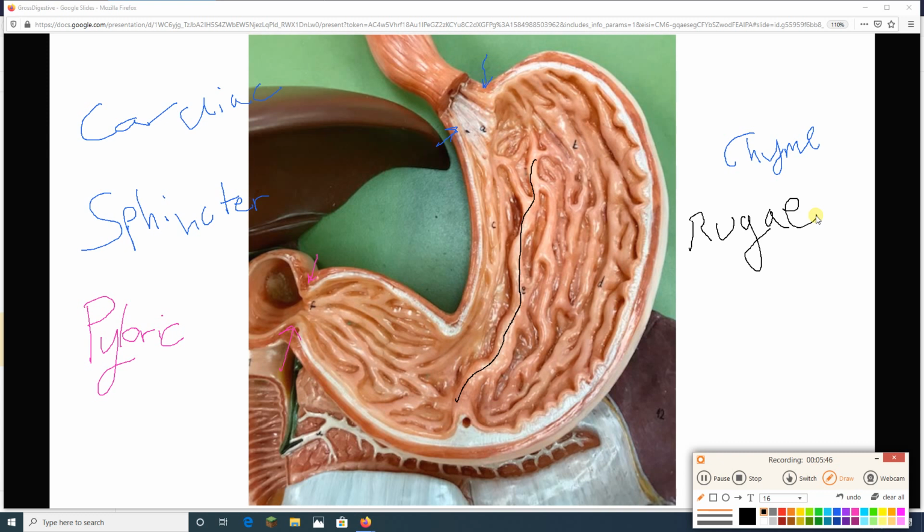Rugae means wrinkles. These are folds that can unfold, allowing the stomach to expand, allowing you to store the food that you just ate. Awesome. What else can we see?